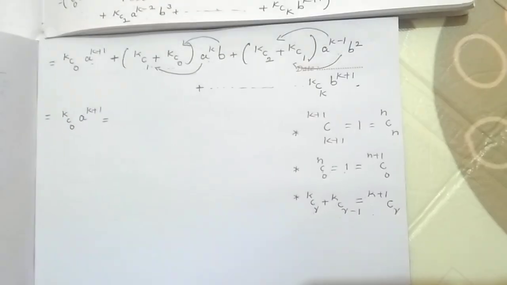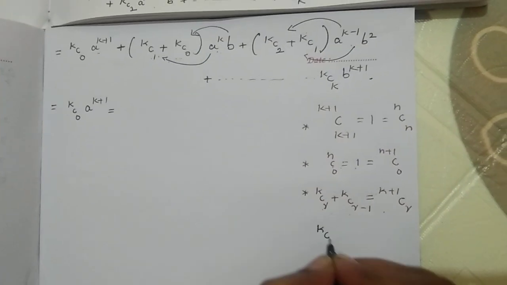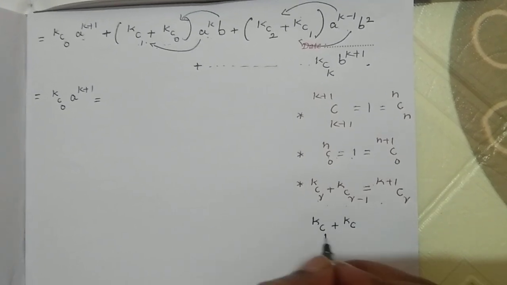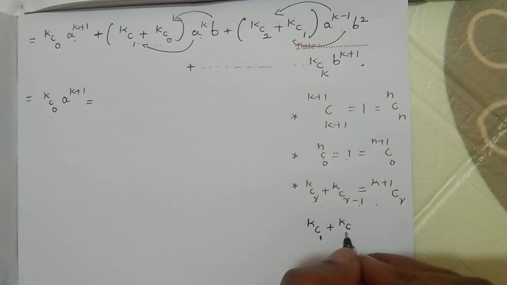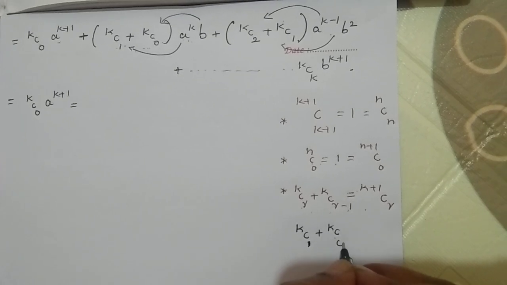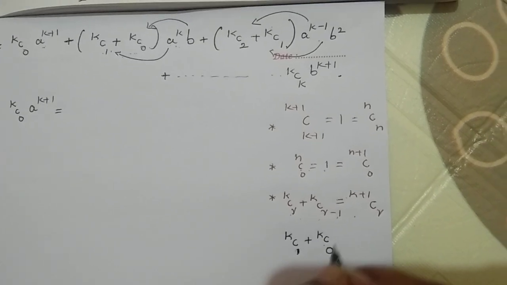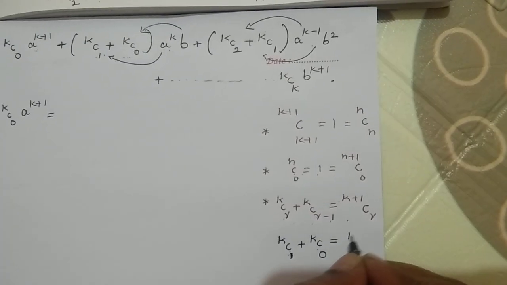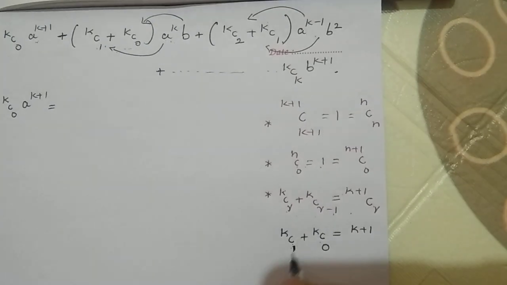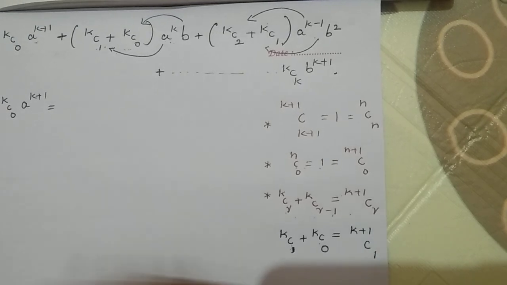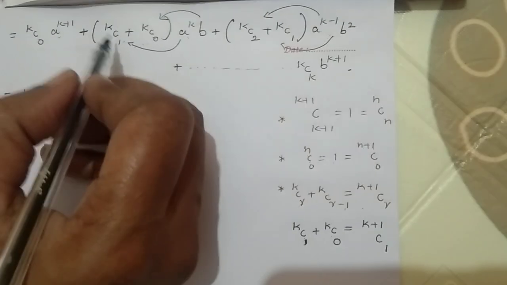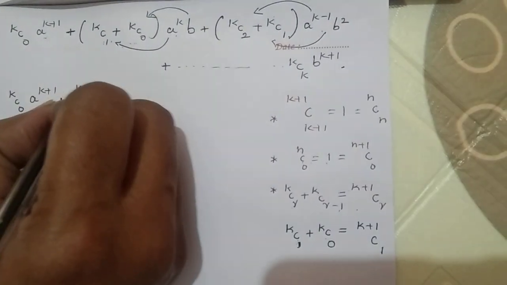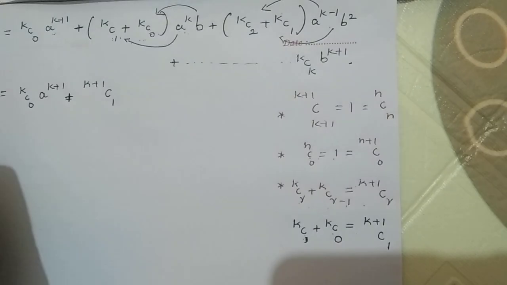So according to this formula, kC1 plus kC0: compared to 1, the lesser value is 0. According to the formula, this leads to k plus 1, and r is nothing but 1, so this becomes k plus 1 C1.